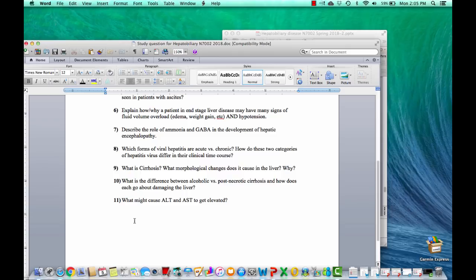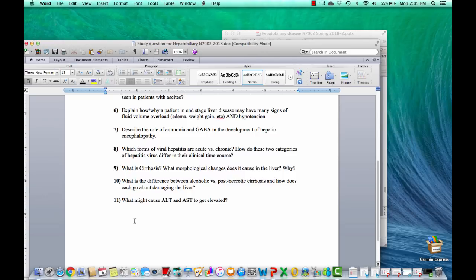But this acetaldehyde, among other things, it's also interfering with the liver's ability to oxidize fatty acids, right? And so fat accumulates in the cells, leading to what? Fatty liver disease, which is a reversible stage, okay?